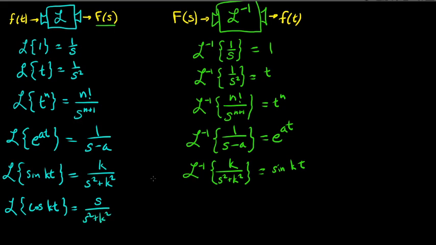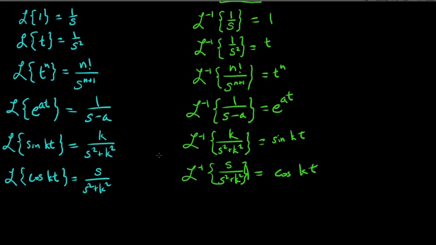And so the inverse Laplace transform of s over s squared plus k squared will just be cosine of kt, right? Okay, so again, this is just knowing what the Laplace transforms are, then you know the inverse Laplace transforms, you just work backwards, okay?